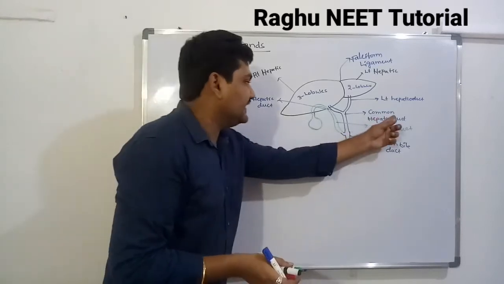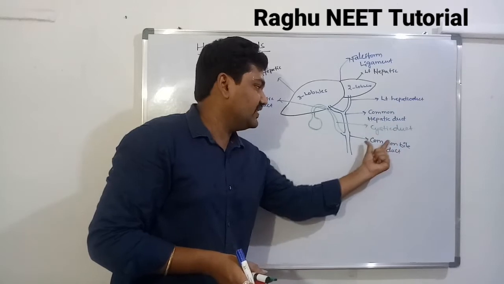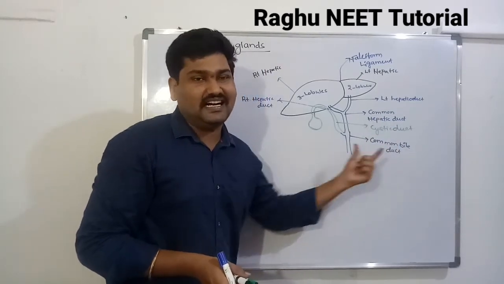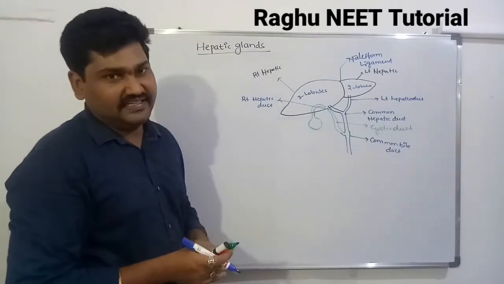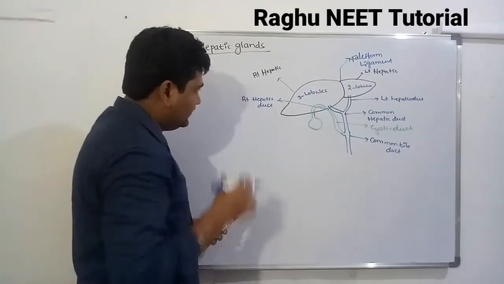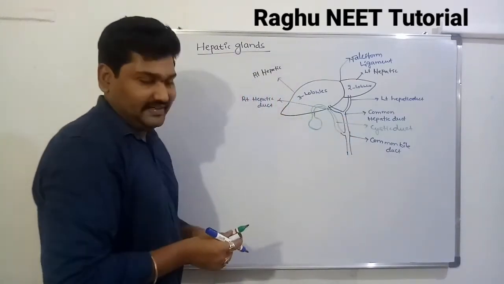The common hepatic duct connects with the cystic duct, and that union is called the common bile duct.